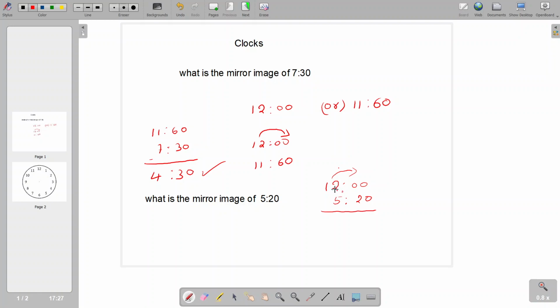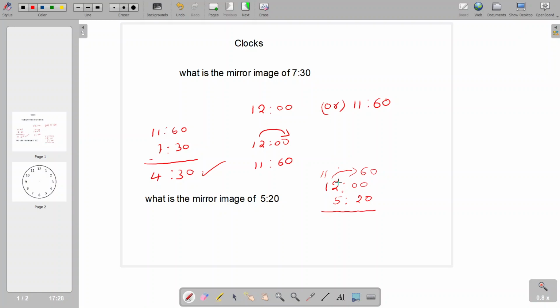Here we have 12 hours. If we take 1 hour borrow, we will get 60 here, and 12 becomes 11. So 12 is equivalent to 11:60. In order to solve it quickly, instead of 12 we can take 11:60.